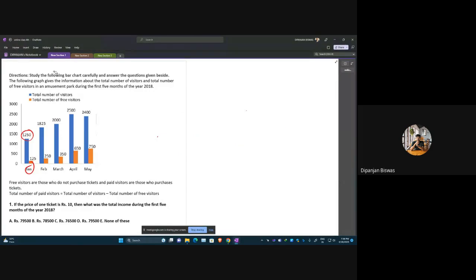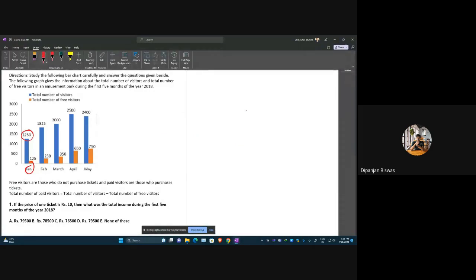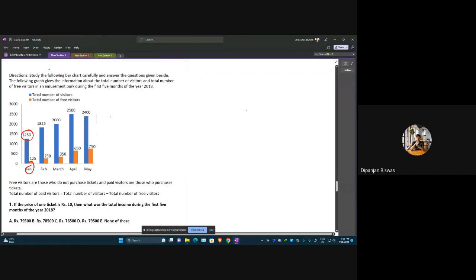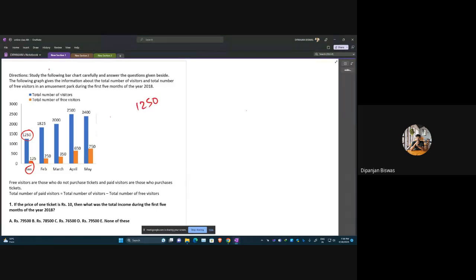Now just go through question number 1. If the price of one ticket is ₹10, then what was the total income during the first 5 months of the year 2018? Okay. So only paid visitors are earning us money, not the free visitors. So you have to subtract all the free visitors. But don't just subtract in every month and then add all the months' data.